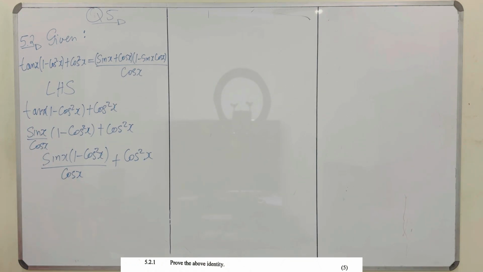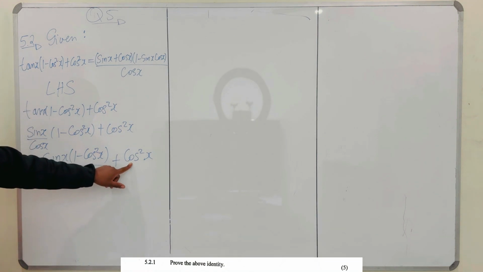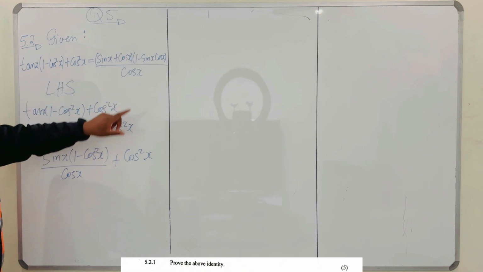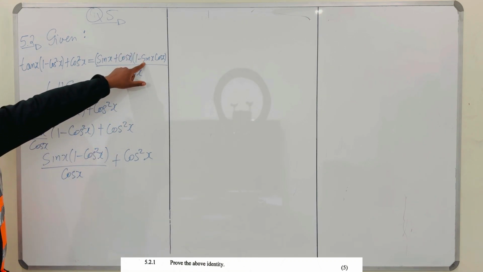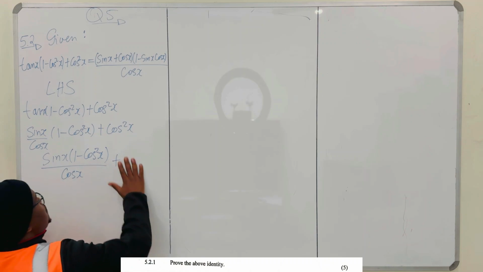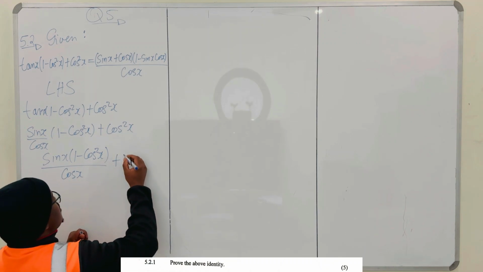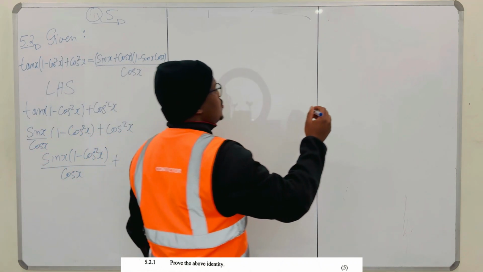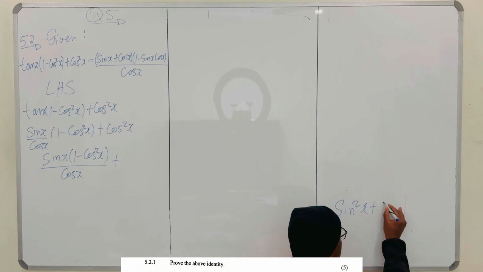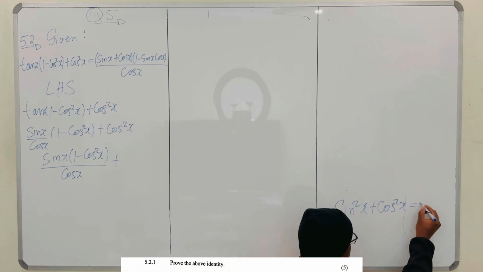But what is cos squared x? Because if you're looking at this and this, you're trying to make it look similar to these. So you want your sine x's as well. Maybe we can just express this cos squared x, because you know that sine squared x plus cos squared x is equal to 1.